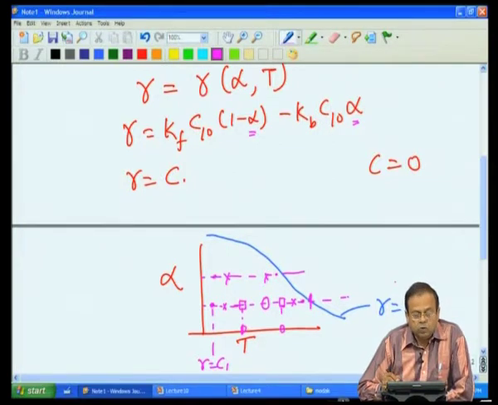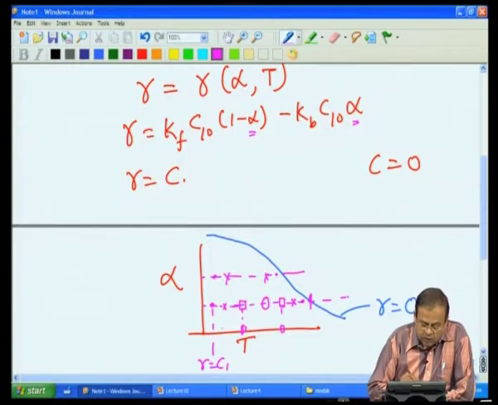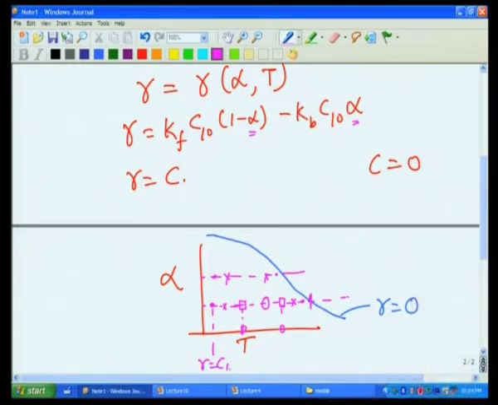If I now join these points, for example, what are the contours of constant rate? I am just joining the points on which the rate value is constant. So, let me say that I will now join all the points where the rate value is C1, and that contour will pass through all these dots and look something like this.